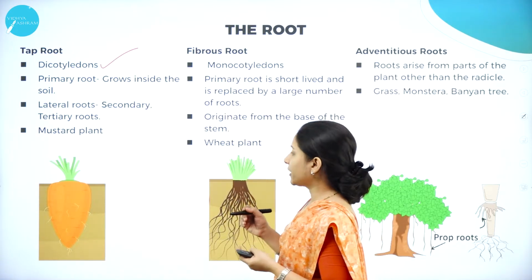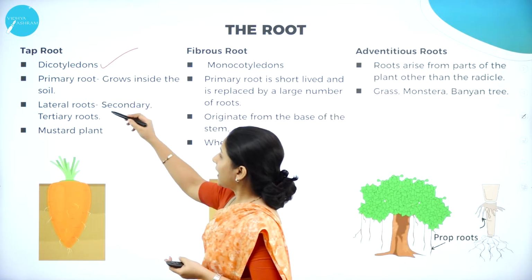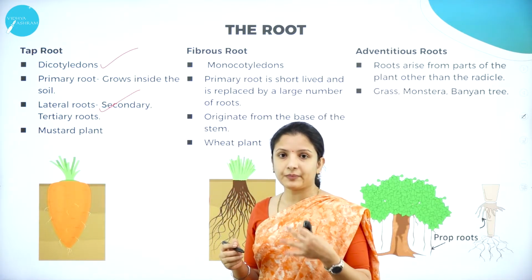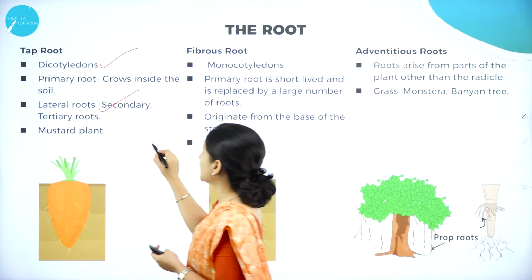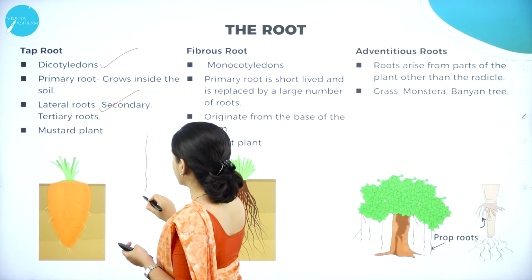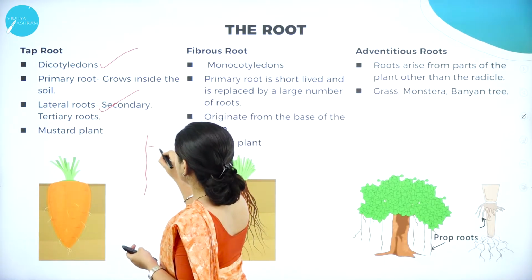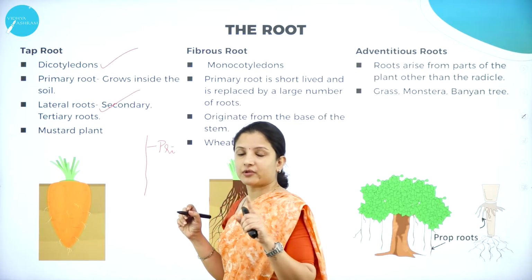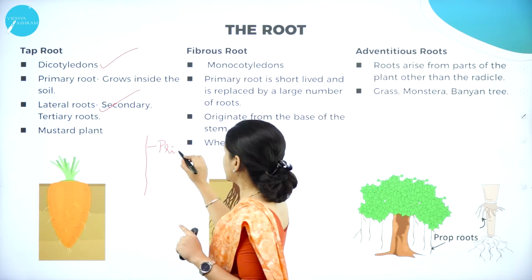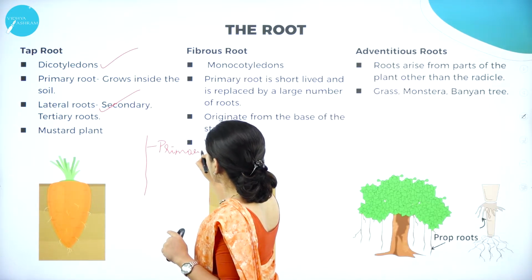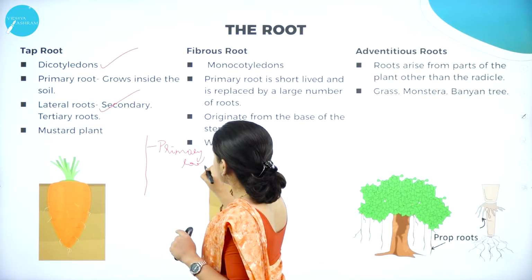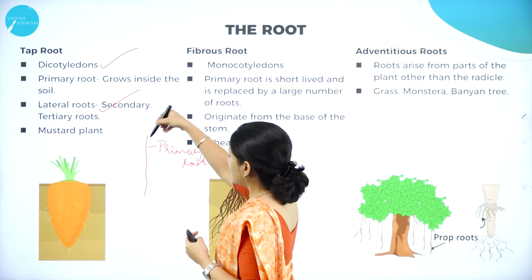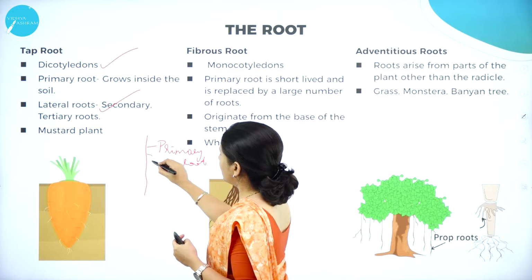The primary roots grow into the soil, and from the primary roots the lateral roots will develop, which are called the secondary roots. Say, for example, I have a root here. I will consider this to be the primary root, that is the first formed root. It is the primary root or the mother root. Later, during the process of development, this primary root develops into lateral roots.